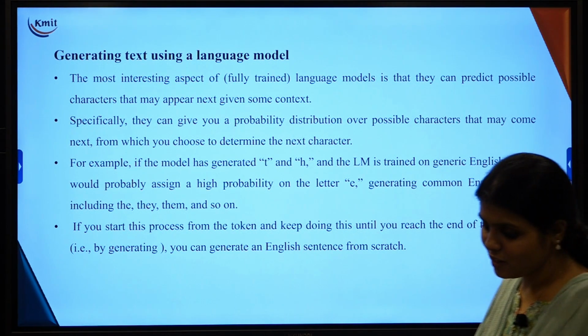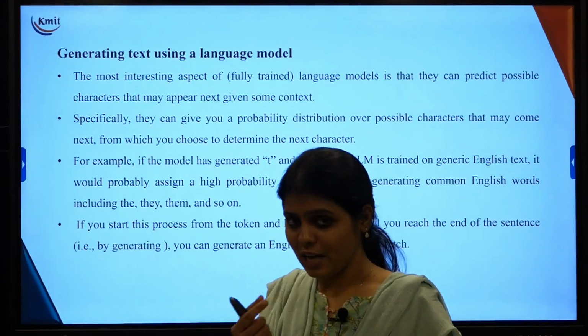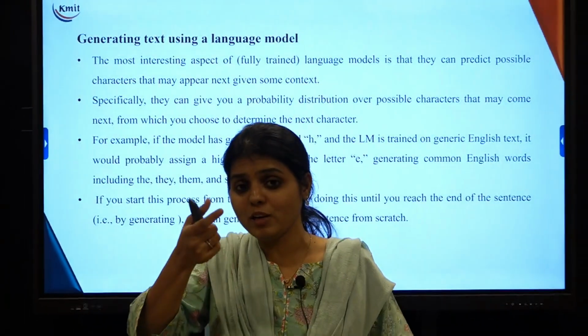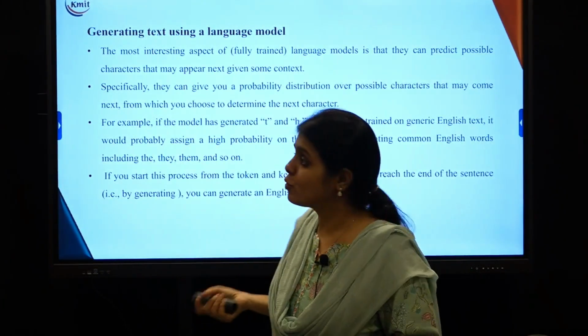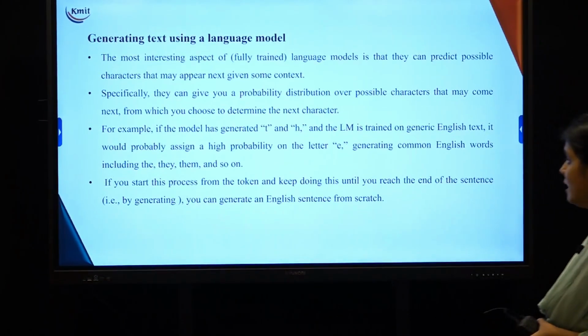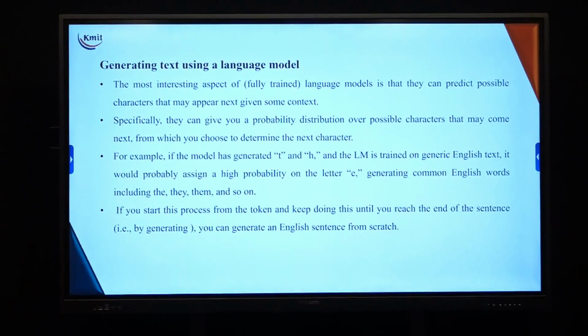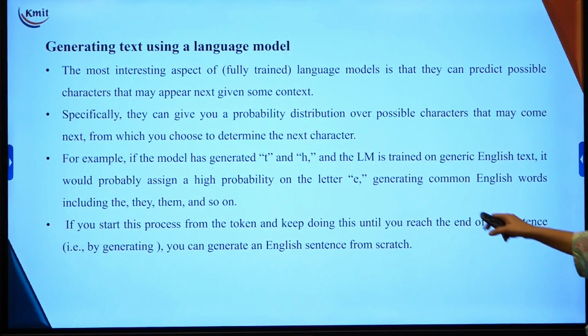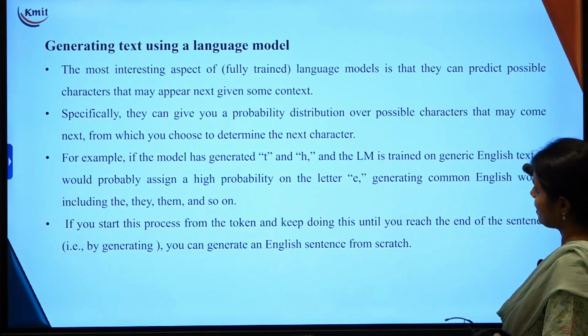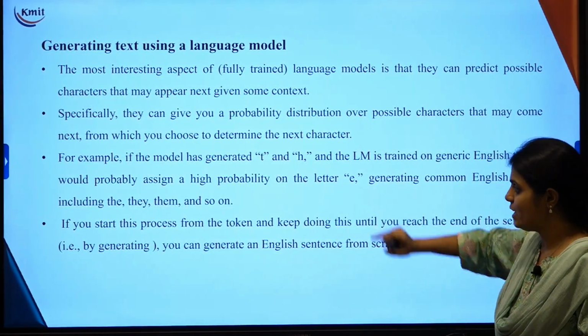Like what we saw earlier, where the language model gives you the probability of words, similarly the probability of characters is given when you use a language model. For example, if the model has generated T and H, the language model will be trained on this and will generate the letter E.